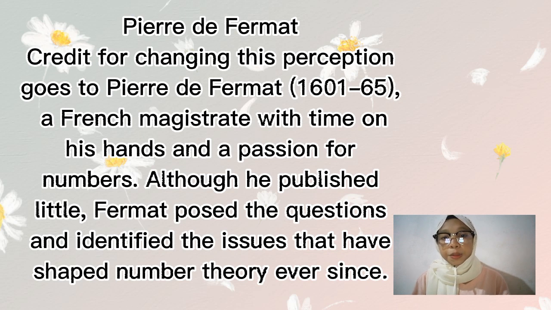In 1640, he stated what is known as Fermat's little theorem, namely that if P is prime and A is any whole number, then P divides evenly into A raised to the P minus A. Thus, if P is equal to 7 and A is equal to 12, the far from obvious conclusion is that 7 is a divisor of 12 raised to 7 minus 12, which is 35,831,796.